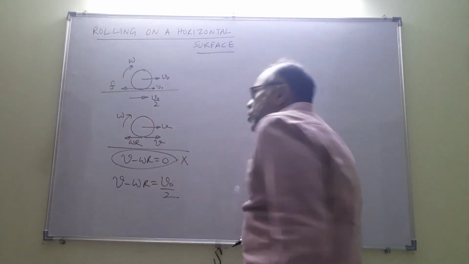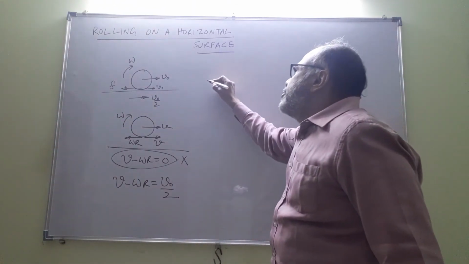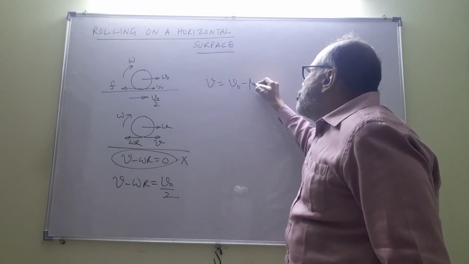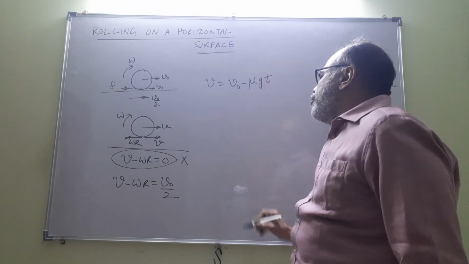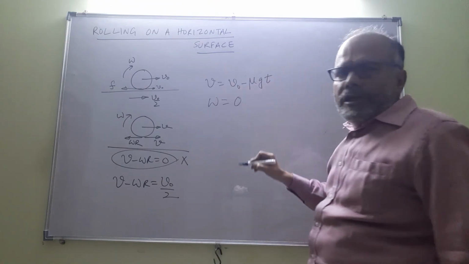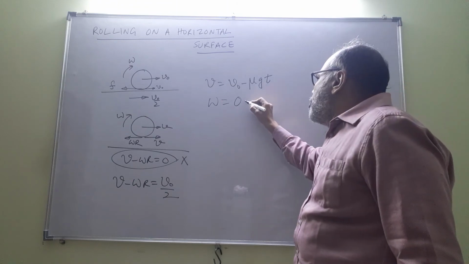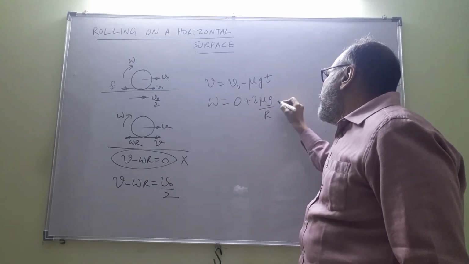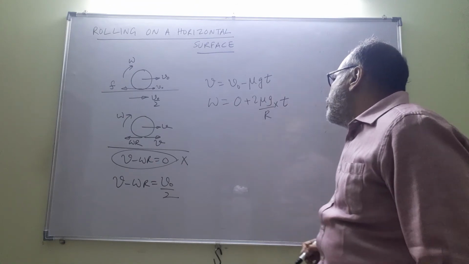So again we will apply the kinematic equations. v is equal to v naught minus mu gt, and omega is equal to initial angular velocity 0 plus 2 mu g by r into t.